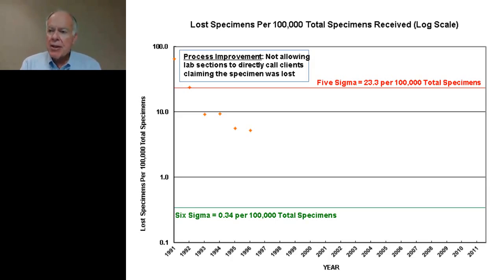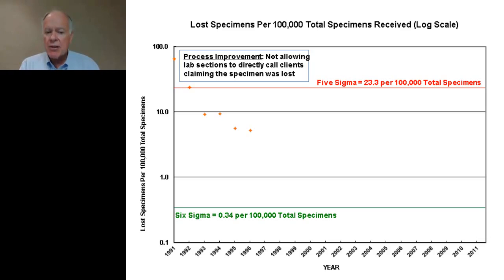We simply allowed the labs to tell client services, please call the client, we can't find the specimen. And it turned out we knew that we hadn't lost them, we had misplaced them.